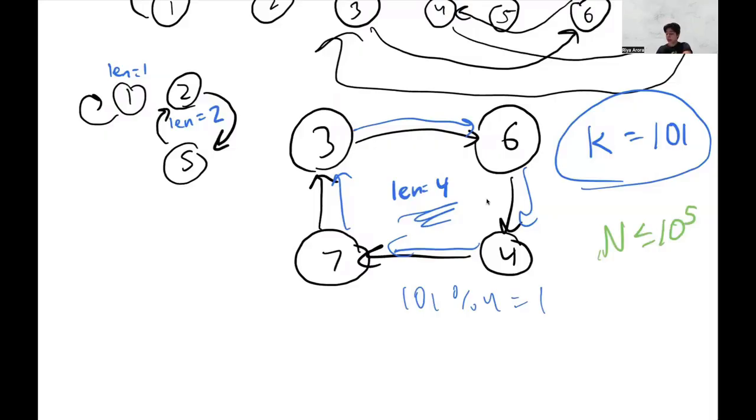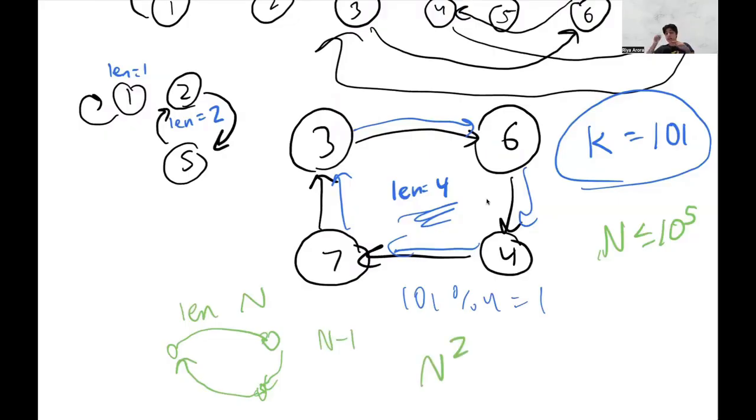If for every item we move k mod length forward to figure out where it's going to reach, let's say we just have a big cycle of all the n items. We have a cycle of length n, and each item moves n minus 1 locations forward. That's still going to take us n squared if we do it naively.